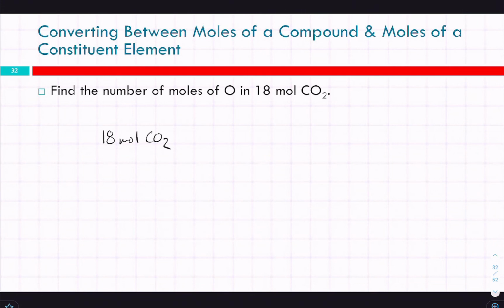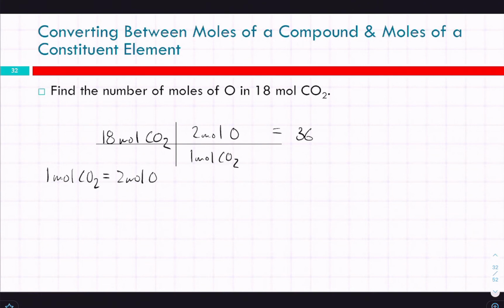And just to write this out more formally, for 1 mole of CO2, that's 2 moles of oxygen. So down here would be 1 mole CO2, 2 moles of oxygen, 36 moles of oxygen.